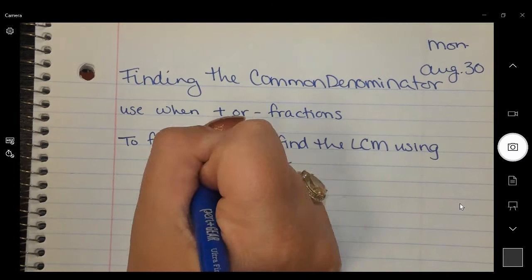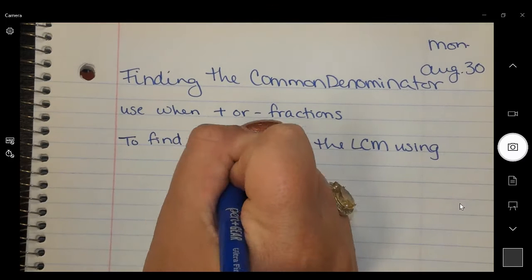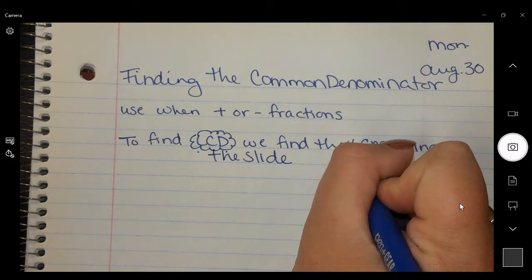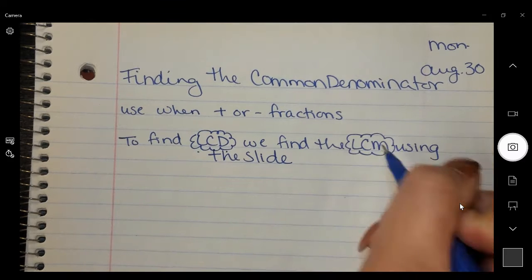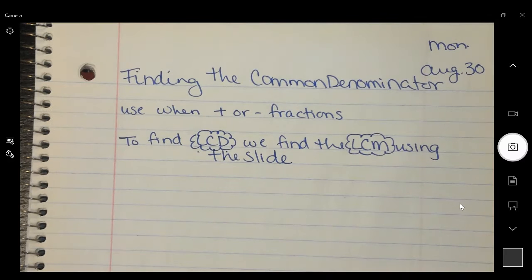So our goal is to find the least common denominator, and we do that by finding the LCM. And all of us just about have proven that we know how to find the LCM when using the slide. Give you a second to write it down.